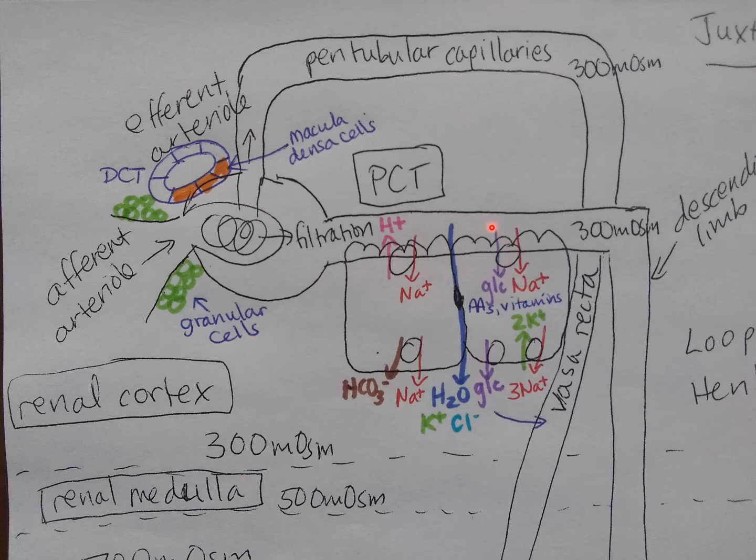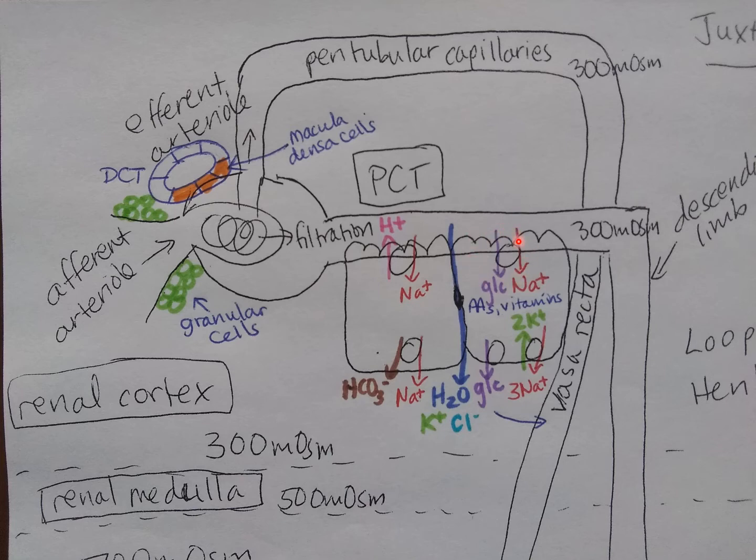And then glucose is going to go up the gradient because there's actually more glucose inside this cell as it builds up as we reabsorb it. So sodium going downhill and glucose going up the gradient, this is secondary active transport. So we've got primary active transport of sodium on the basolateral membrane, and then we're going to be using secondary active transport on the apical membrane.